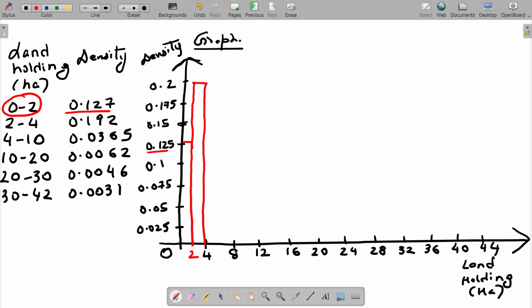4 to 10: 10 will be somewhere here. This is 10. And 4 to 10 we have 0.0365. 0.0365 will be somewhere here. Then 10 to 20 is going to be 0.0062.